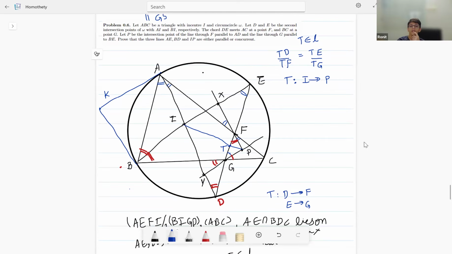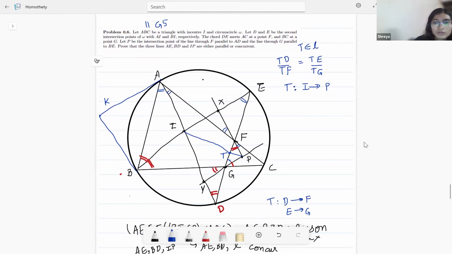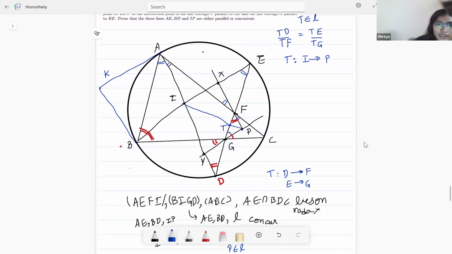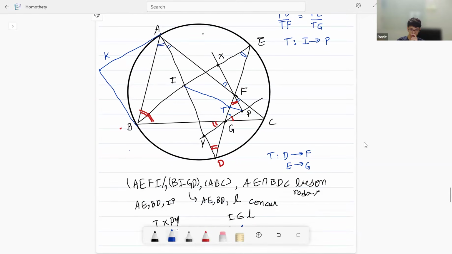The original problem was to prove that KP, AE, and BD concur, where these are the tangents. But we can get that AE cap BD, K and I are collinear, and you can do that by some Pascal.